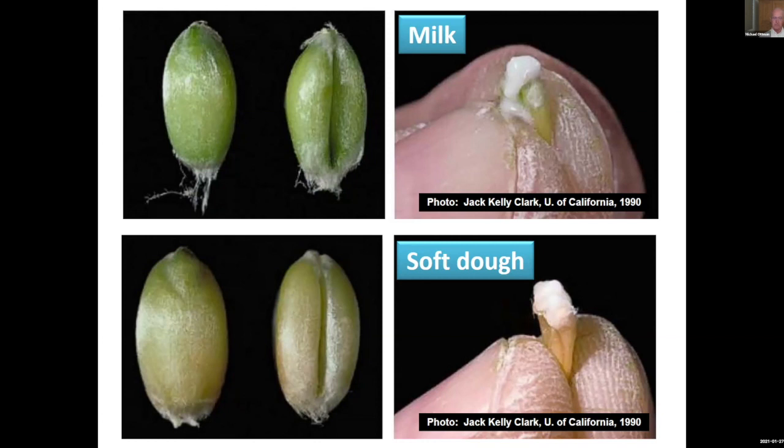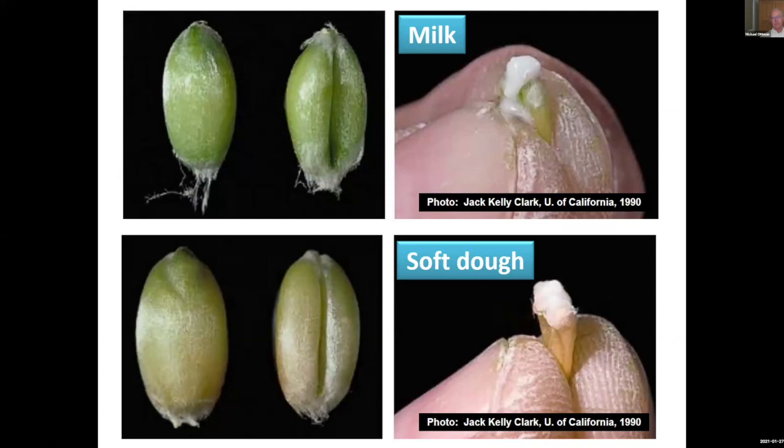The soft dough stage is important because in our state, probably about half the winter cereals we grow are for forage, for cattle feed, and that is often cut at either the boot stage or the soft dough stage. So that's why it's important to know how you determine soft dough and why it's an important stage.